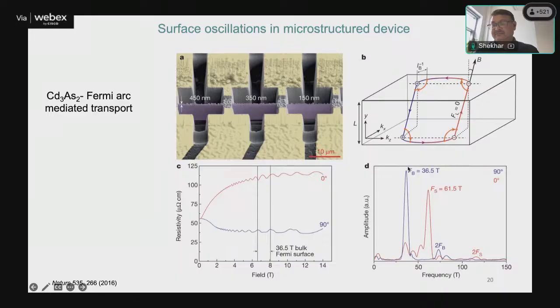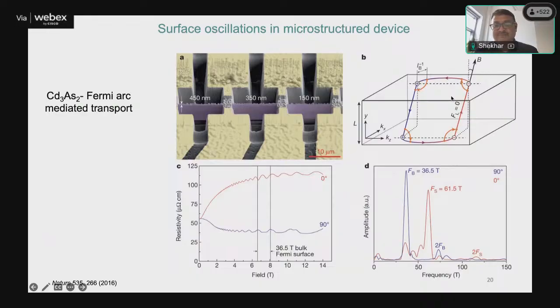This is a Dirac semi-metal, but in the presence of a magnetic field it becomes a Weyl semi-metal. So we have two Weyl points, in real and inverse space, here at the bottom and top. When you apply a magnetic field, the electron goes through the bulk to the surface. That is the path of the electron.